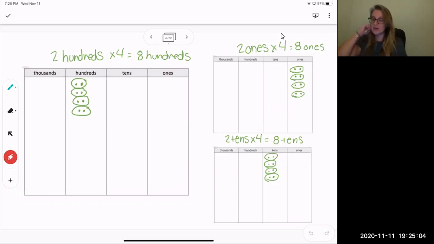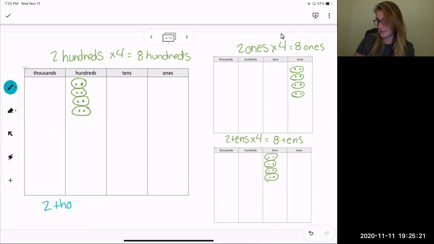Okay, so our answer is going to be bigger in this one because our place value discs are in the higher column. Okay, what do you think is going to happen when we multiply 2,000s times 4? What do you think is going to happen when we do 2,000s times 4?